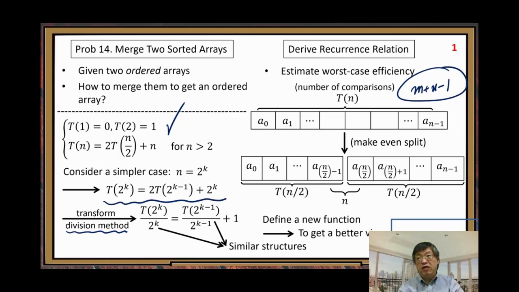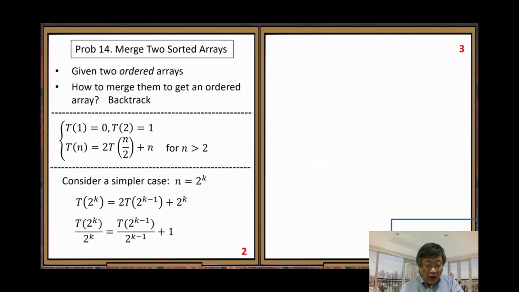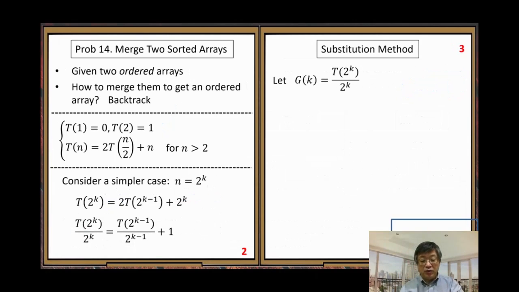Just define a new function as that fraction expression: G(k) equals that whole fraction expression. After that new notation, let us rewrite the original recurrence relation. What shall we get?